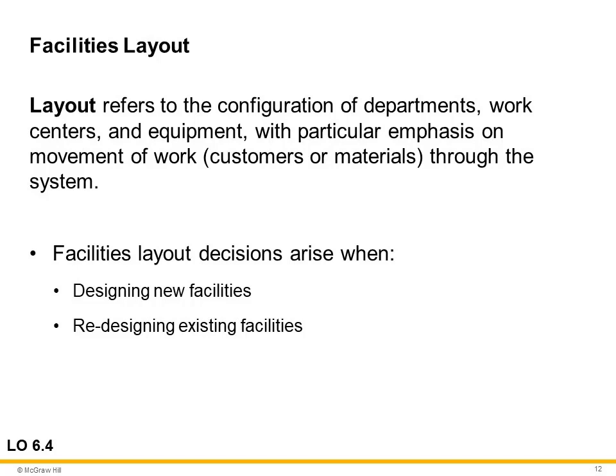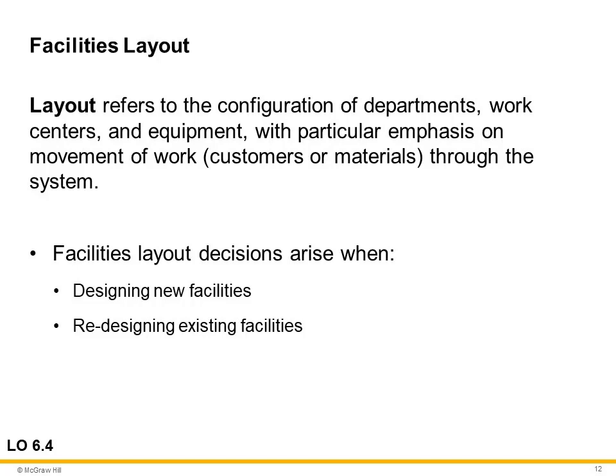For example, in a grocery layout, the location of the food department, meat department, and dairy department is a layout. So when we have to change layout or make a decision about layout, when you have new facilities or when you want to do some improvement, you have to redesign the layout.